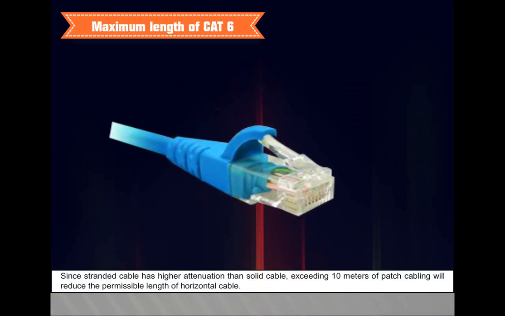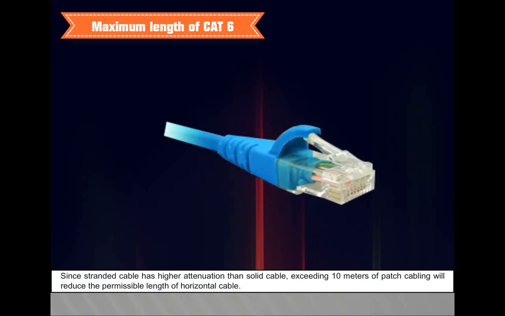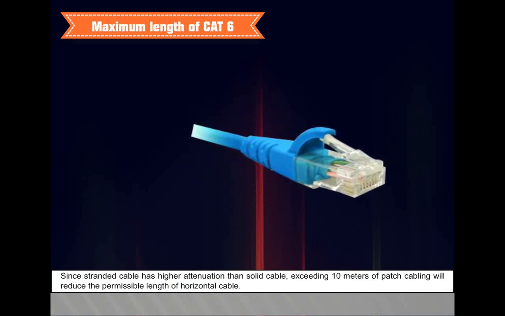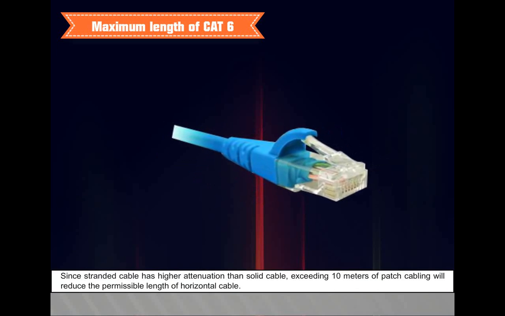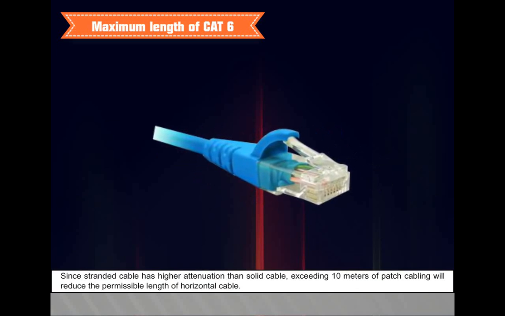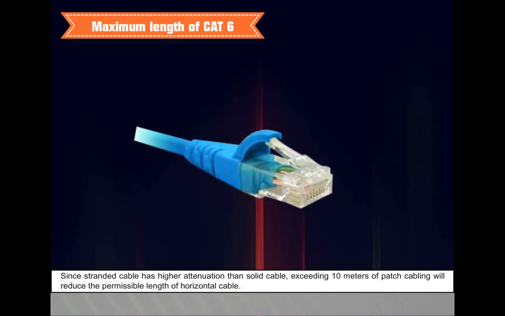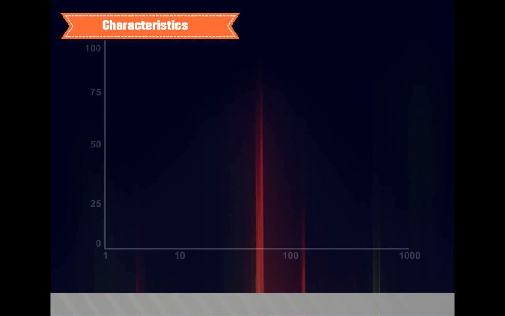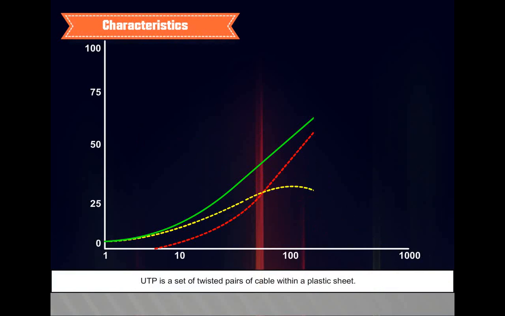Since stranded cable has higher attenuation than solid cable, exceeding 10 meters of patch cabling will reduce the permissible length of horizontal cable. Characteristics: UTP is a set of twisted pairs of cable within a plastic sheath.